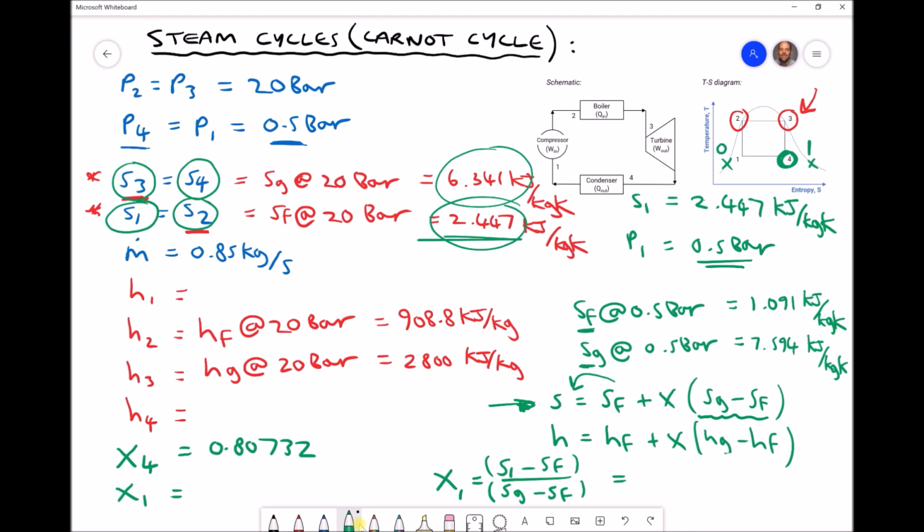Our entropy at position 1 is 2.447. So we have 2.447 minus 1.091 over 7.594 minus 1.091. Remember to include your brackets. Giving us a dryness fraction at position 1 this time equal to 0.20852.